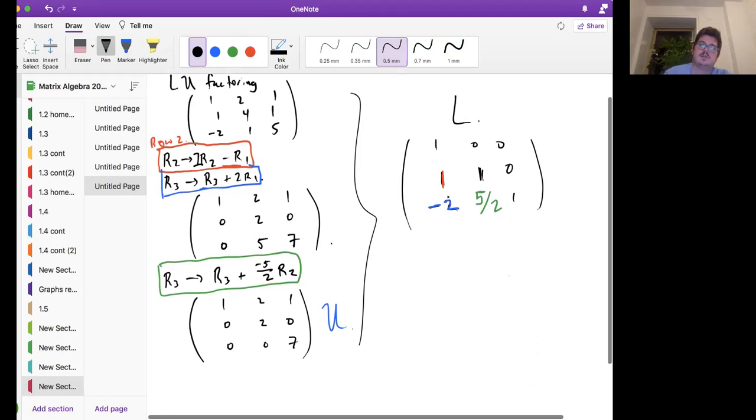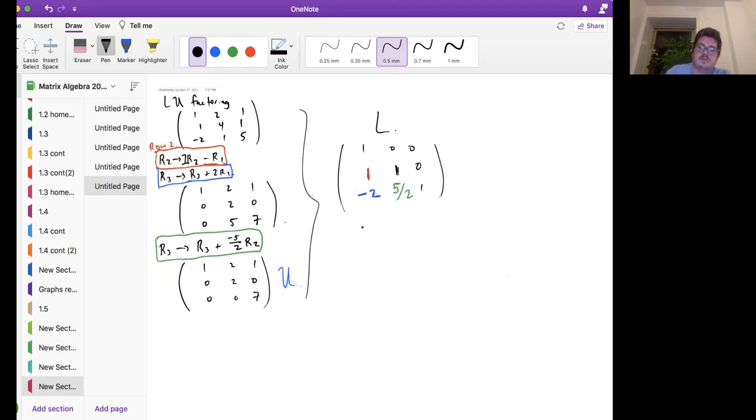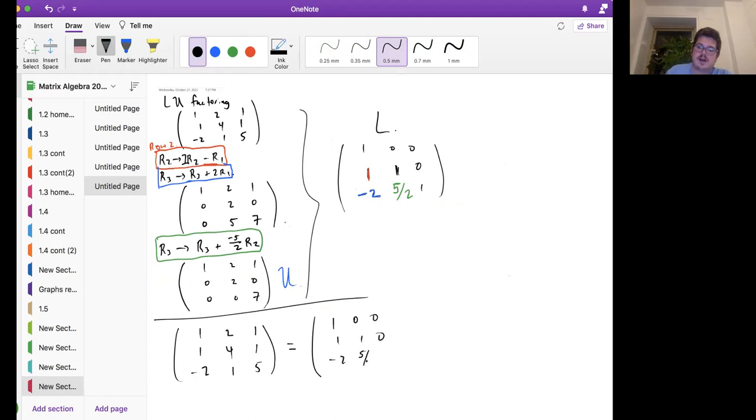So that means that we have 1, 1, -2, 2, 4, 1, 1, 1, 5 is equal to 1, 0, 0, 1, 1, 0, -2, 5 halves, 1 times 1, 2, 1, 0, 2, 0, and 0, 0, 7.